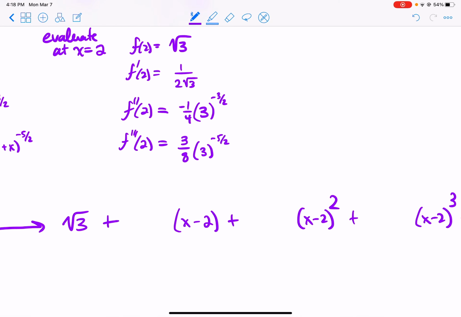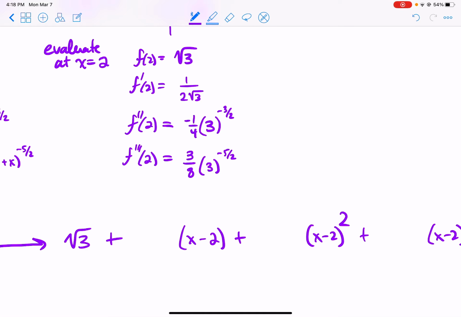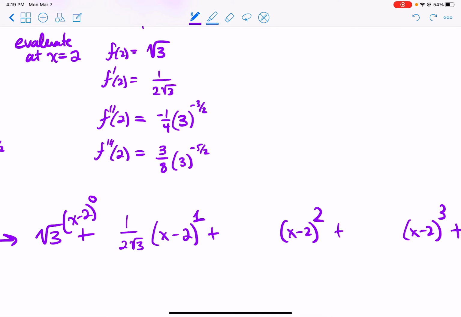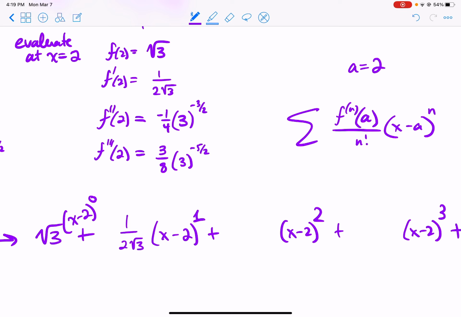And what amounts? Well, 1 over 2 root 3. That is the coefficient of x minus 2 to the 1. Here is the x minus 2 to the 0 term. And let's see, I'm using this formula: the nth derivative evaluated at a divided by n factorial, x minus a to the n, where a has been chosen to be equal to 2. And I'm really only going to go up to the degree 3 term.